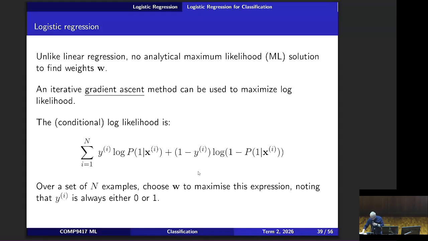Now, it's a little bit involved, but I'll go quite quickly, so I'm going to skip some of the things I was going to talk about. Let me just write the first key idea.